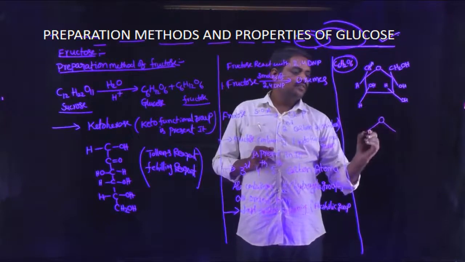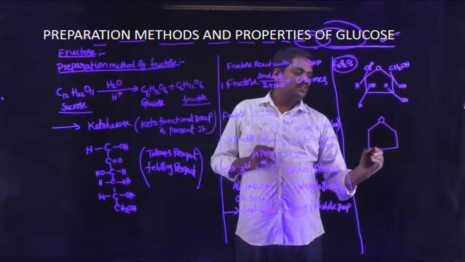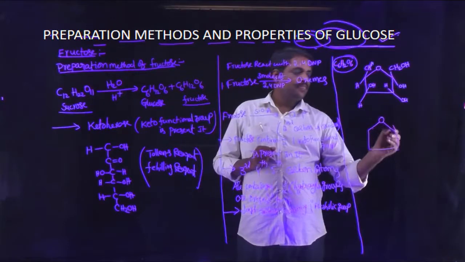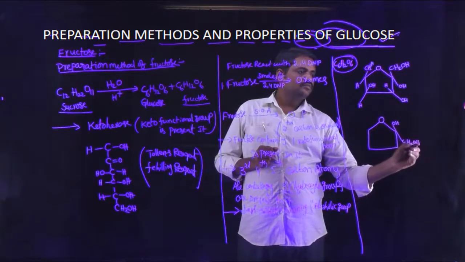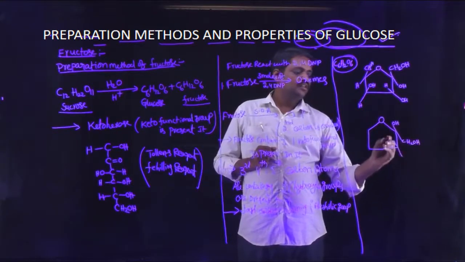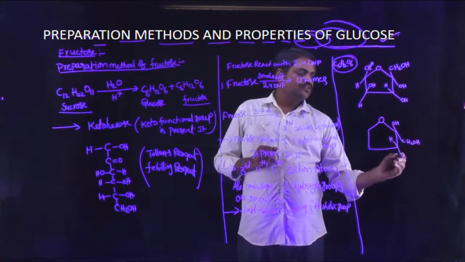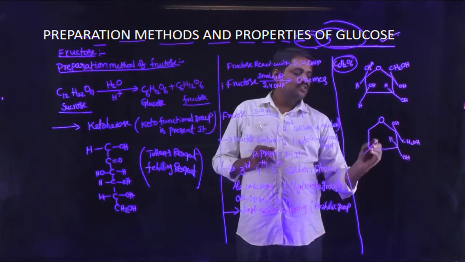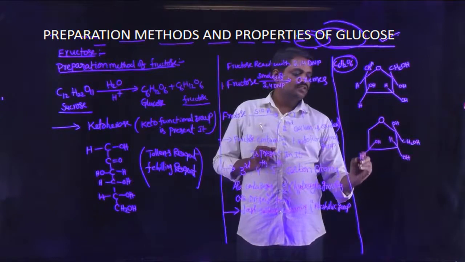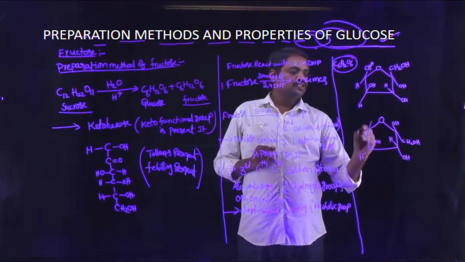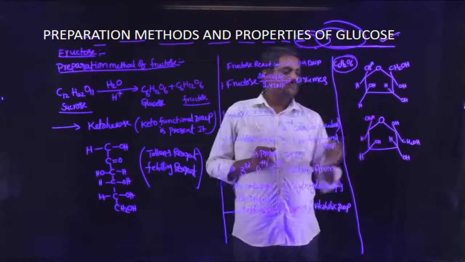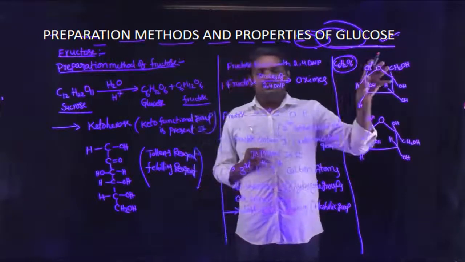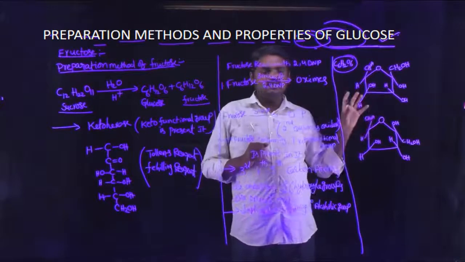So this is another furanose form of fructose. The C2 configuration differs and the remaining are the same, with OH, OH, H, CH2OH, CH2OH, and H. This is the alpha form of fructose, this is the beta form of fructose.